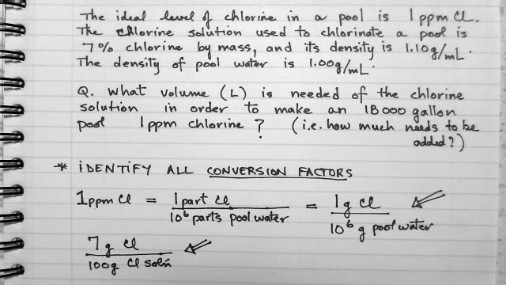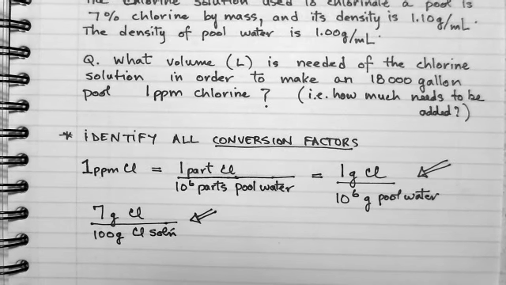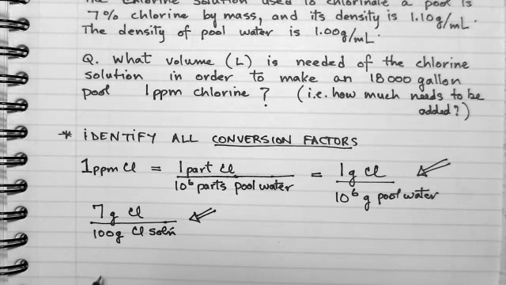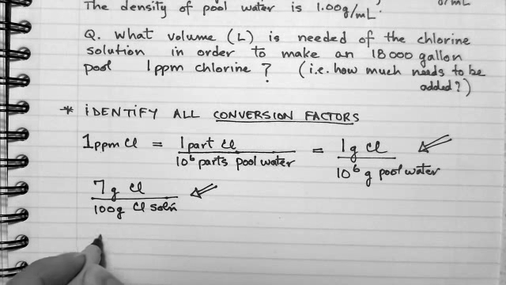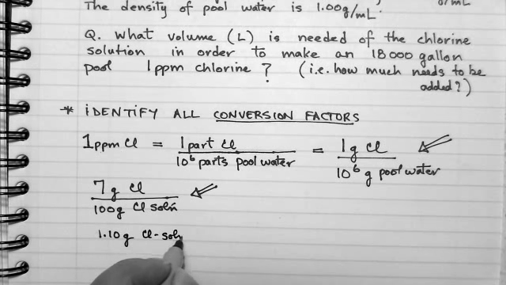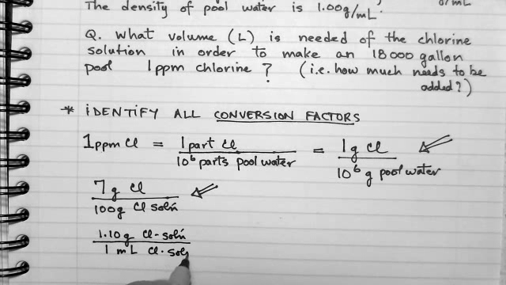Let's continue reading. We have a density of 1.10 grams per mil. What is that the density of? It's the density of the chlorine solution. Okay, so here's another conversion factor. I'm going to move this up. 1.10 grams of chlorine solution in 1 milliliter chlorine solution.